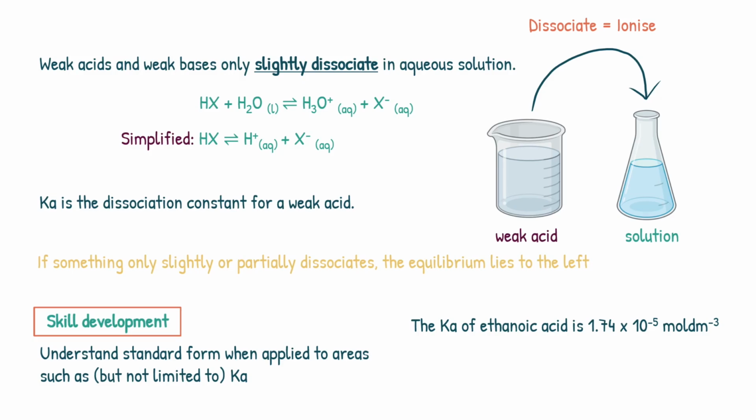Now this is standard form, and if you want to put it into a normal decimal format, it would be 0.00001 74, so 4 zeros, 174. All you do is move the decimal place 5 points to the left, hence the minus 5. Wrap your head around that, practice a few questions, and you should be completely fine. Hopefully, at this point in A level, you should be really comfortable with using standard form, but it's just there in the specification, so make sure you know it.